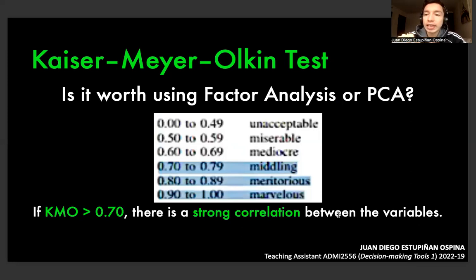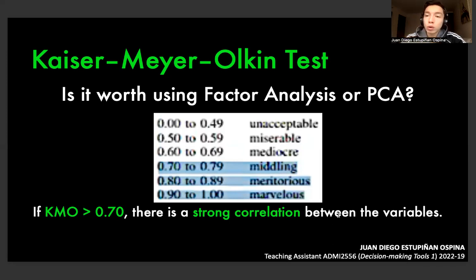The Kaiser-Meyer-Olkin test, most commonly known as KMO, is a number that will let you decide if the data that you are analyzing is properly adjusted to use factor analysis or PCA methodology. Here on the screen, you are seeing there are categories according to the KMO number that the data represents.